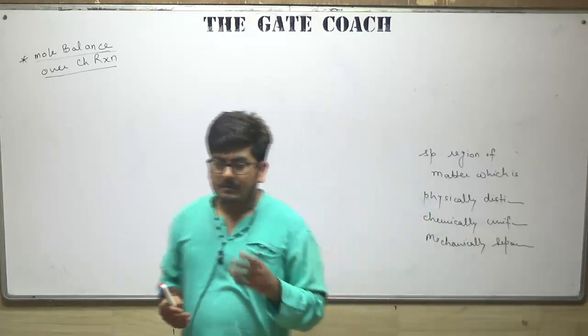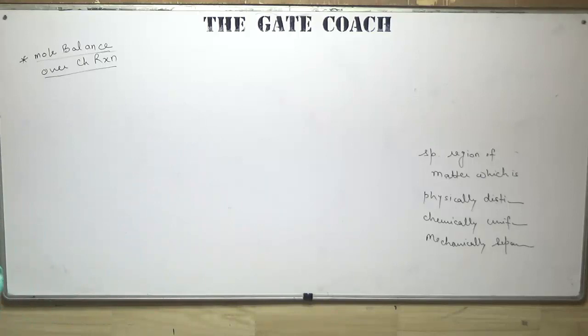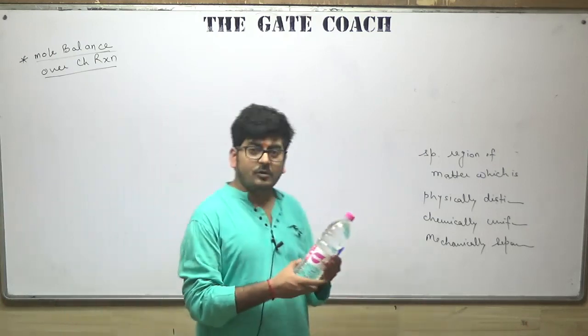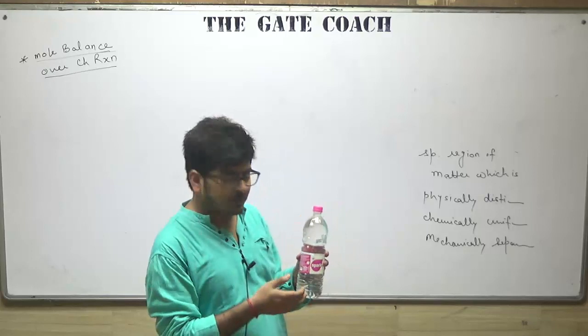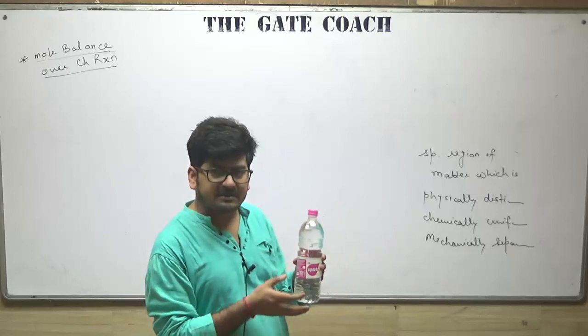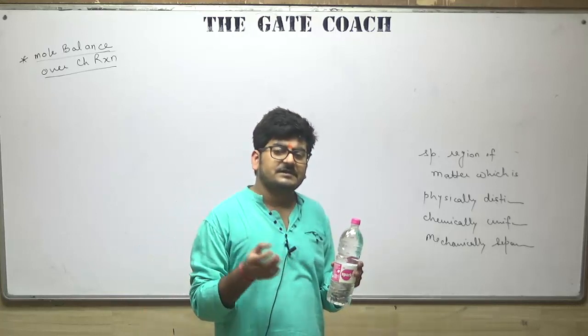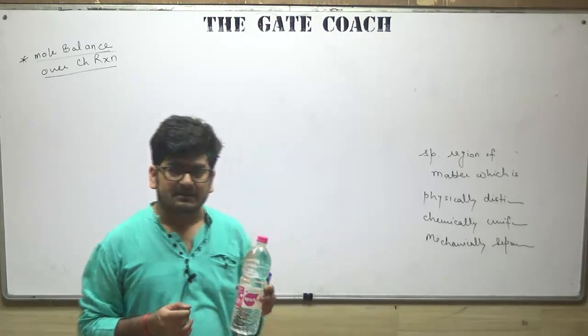Okay. For example, just try to visualize. See, this is water. In this bottle, from top to bottom, from this side to this side, this is liquid water. If I add some salt or sugar particles in this water, then what will happen?